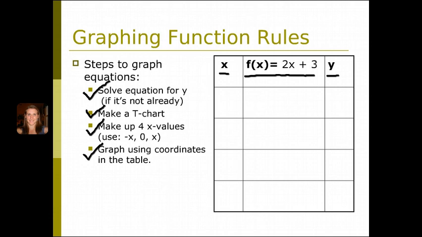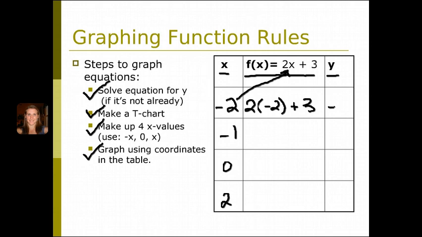So let's make up some x values. I can pick any numbers I want, but I'm going to say -2, -1, 0, and 2. From here, I'm plugging my x values into the equation. So I'll say 2 times -2 plus 3. Well, 2 times -2 plus 3 gives me -1.